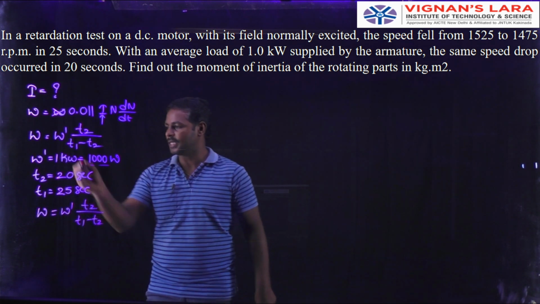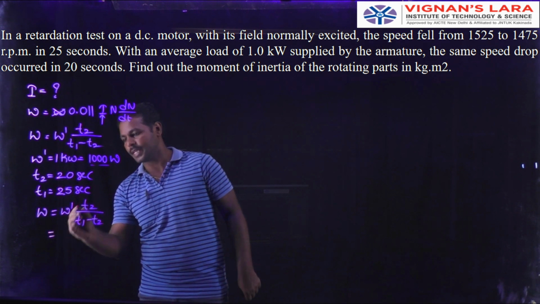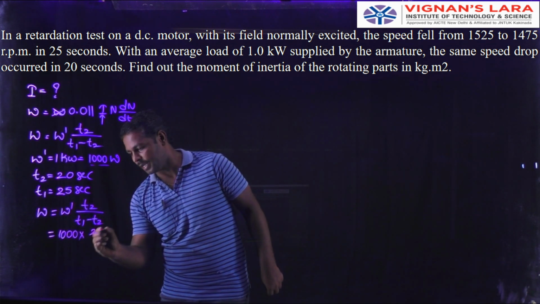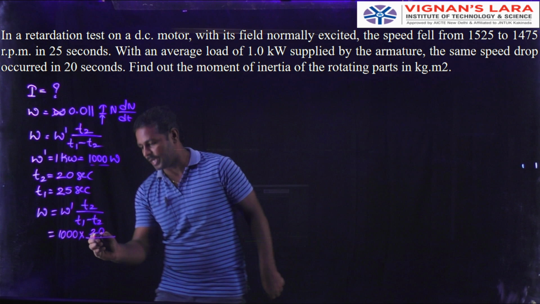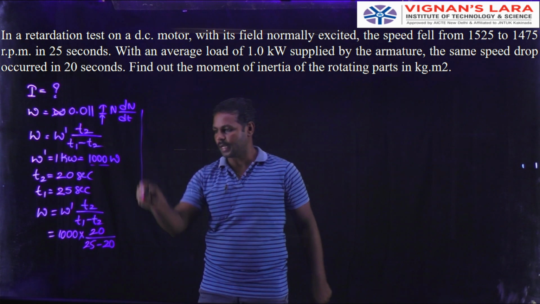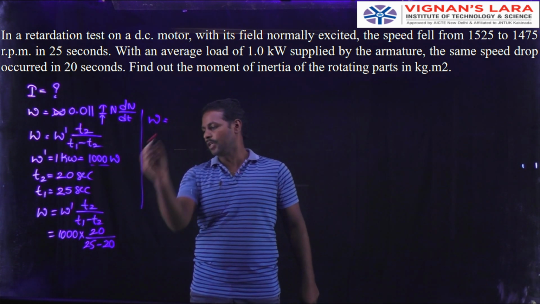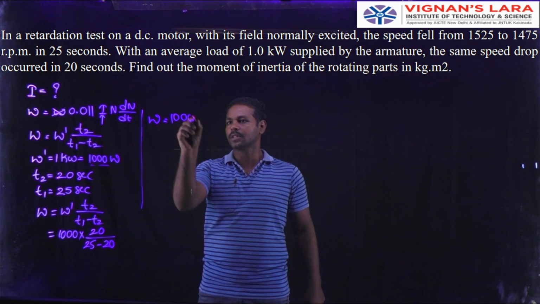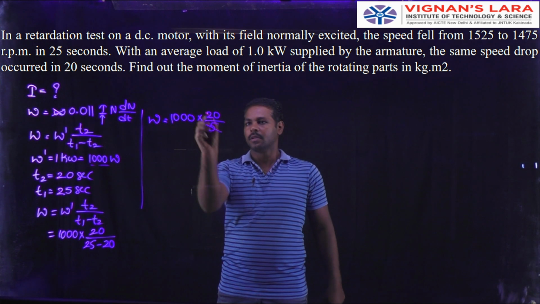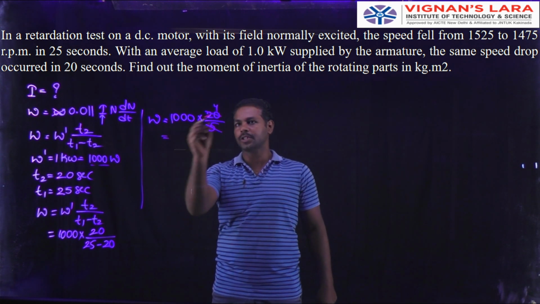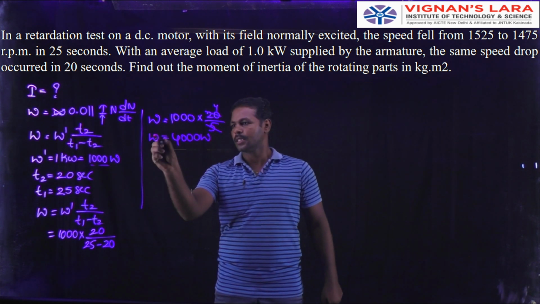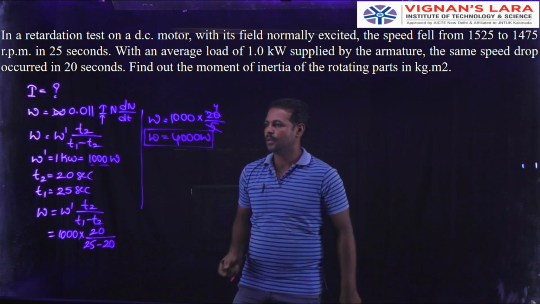Substituting these three parameters, W is equal to 1000 into 20 divided by 25 minus 20. 25 minus 20 is 5, and 20 divided by 5 is 4, so W is equal to 1000 into 4, which is 4000 watts. Stray losses is equal to 4000 watts.